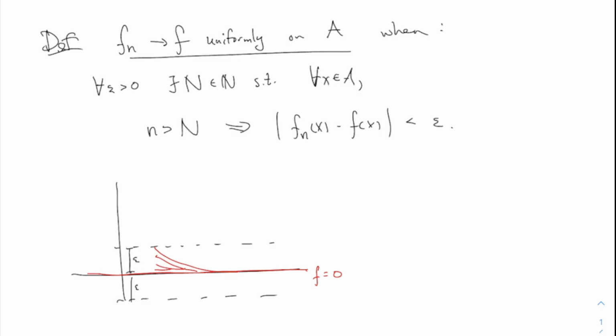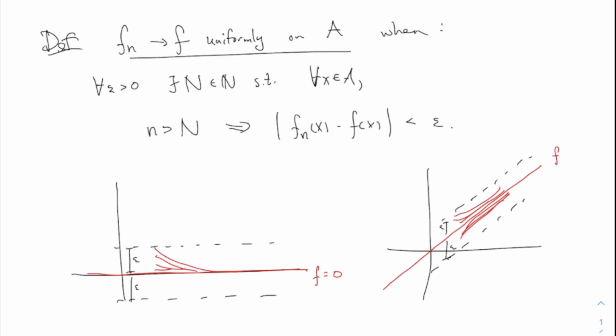When the function they're approaching is not 0, this picture looks slightly weirder. Like if the function they're approaching was y equals x, then uniform convergence would look like all the other functions being super close to that. And maybe they could be on either side, flipping back and forth. Then everything is within this epsilon band, measured in terms of distance away from what they're approaching.